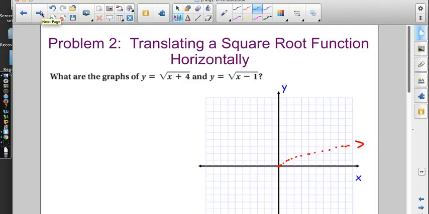But that's not K we see anymore. How do we know? Under the radical. So it deals with x, which means we have to think opposite. X is right and left. Which way is this supposed to go? Exactly. 4 to the left.